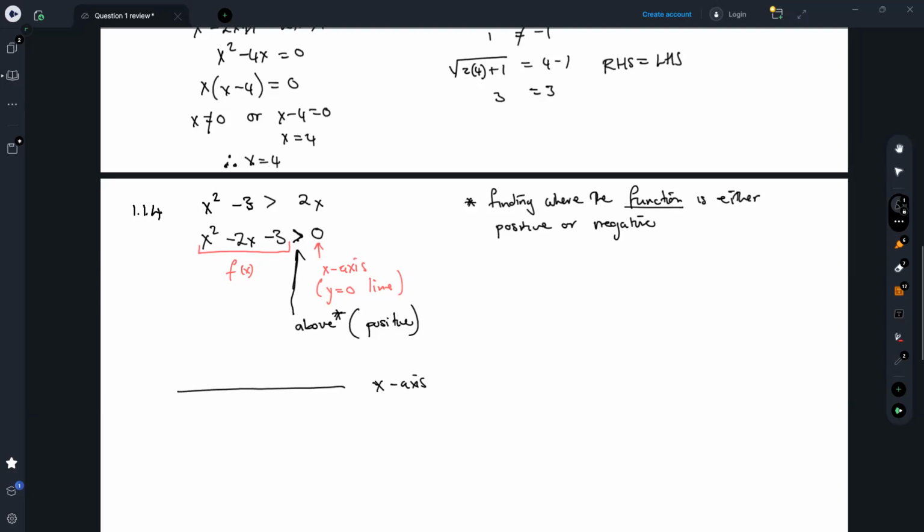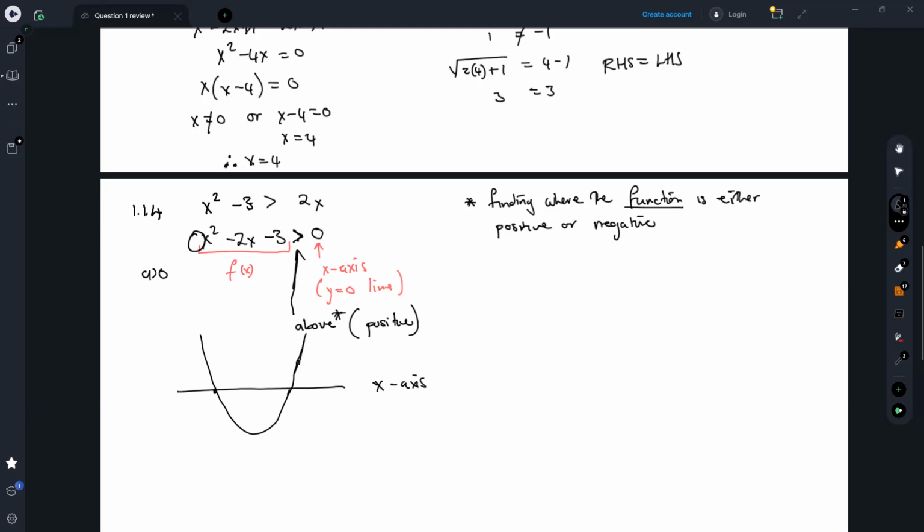So now I need to know the shape of this function. Will this parabola be concave down or concave up? Now, when you're looking at the value of a here, you see that a is positive, right? So it means that our function is going to be concave up like that. It's going to be concave up.